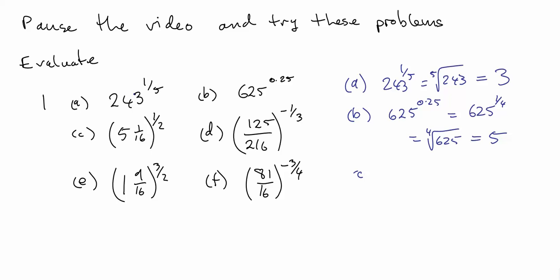Part C, 5 and 1/16 to the power of a half. Well, writing that 5 and 1/16 as an improper fraction, that is 81 over 16 to the half, and that is the square root of 81, 9, over the square root of 16, which is 4.